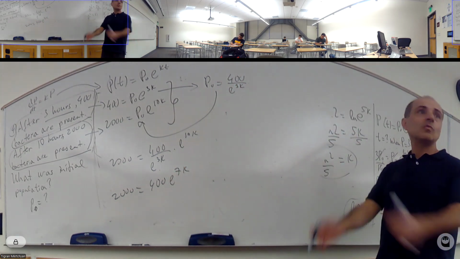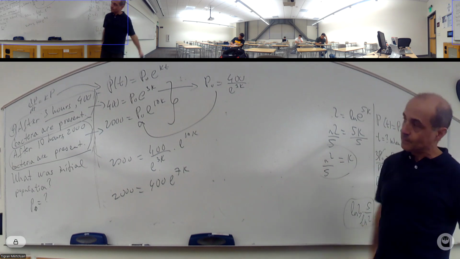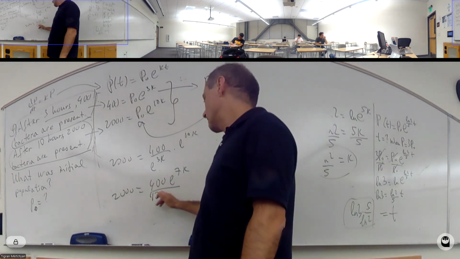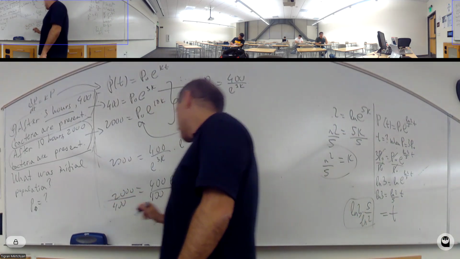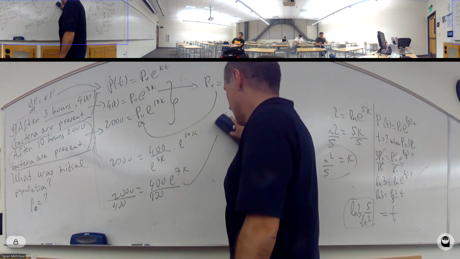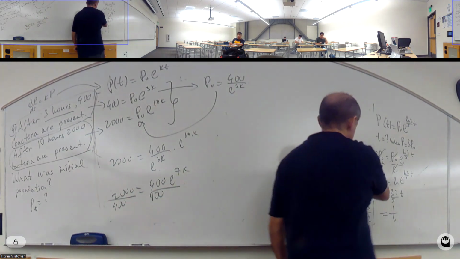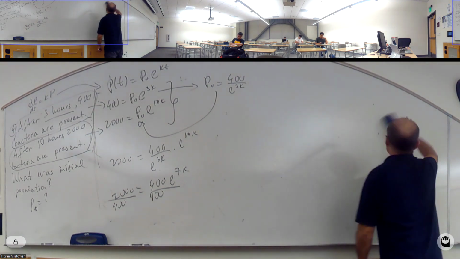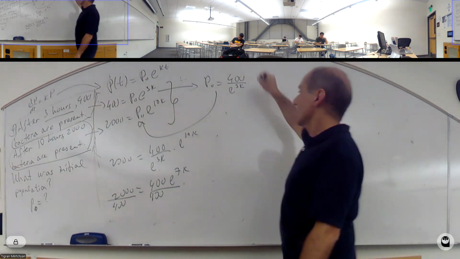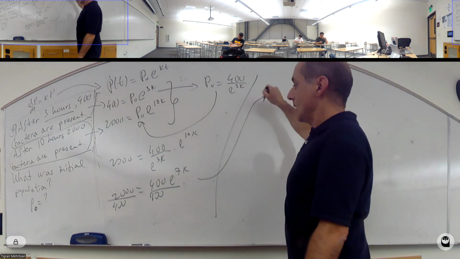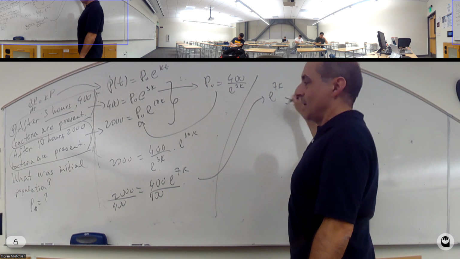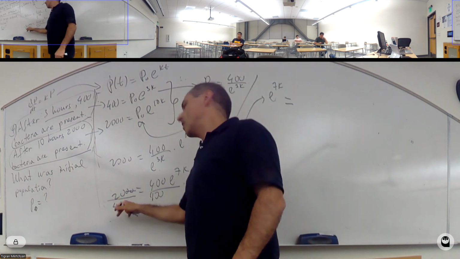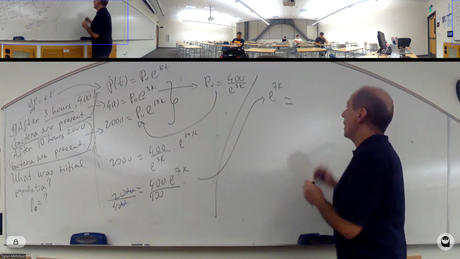Now it has only k, so we may be able to find it by doing what? Divide by 400. E to the 7k equals 2,000 over 400, so we can cancel those zeros, and 20 over 4 is what? 5.